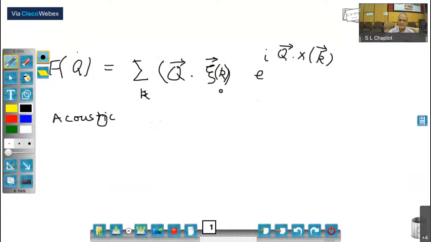And so that means if for all the atoms this term is nearly the same, then the structure factor will correspond to some, and that is the same as the Bragg structure factor.